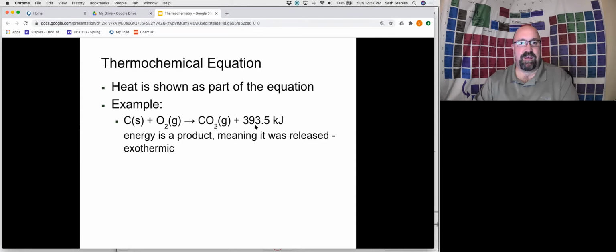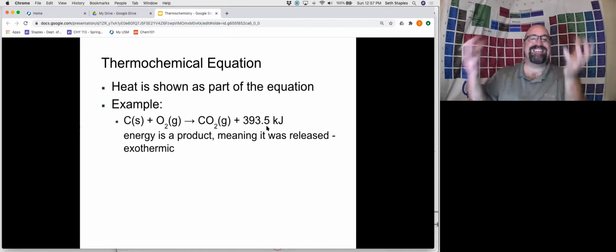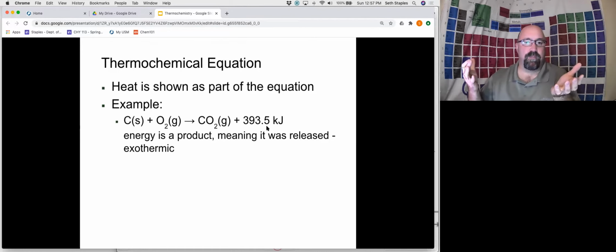And we see that energy here is also a product of this reaction, meaning that energy was released by this reaction as it occurred. In this case, 393.5 kilojoules. So this energy was released, meaning it was an exothermic process.